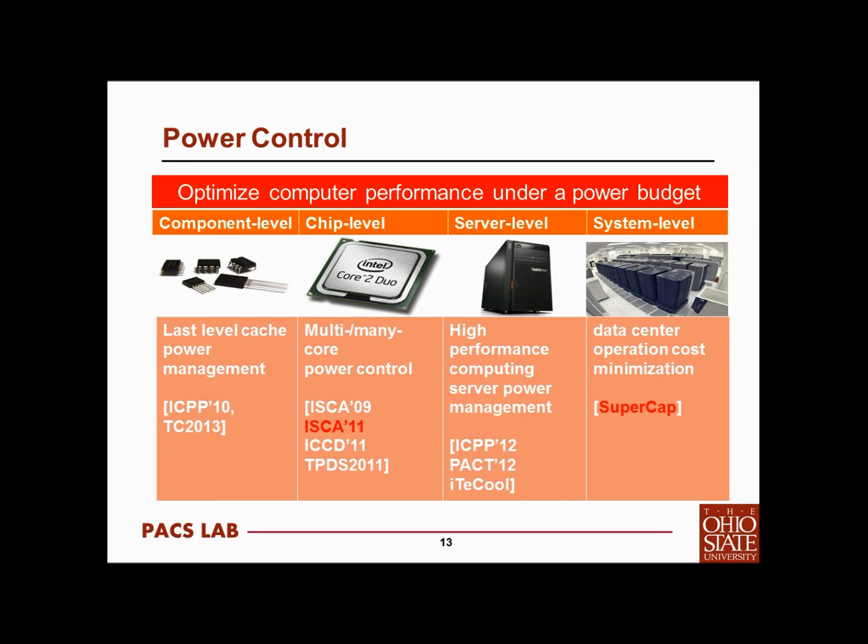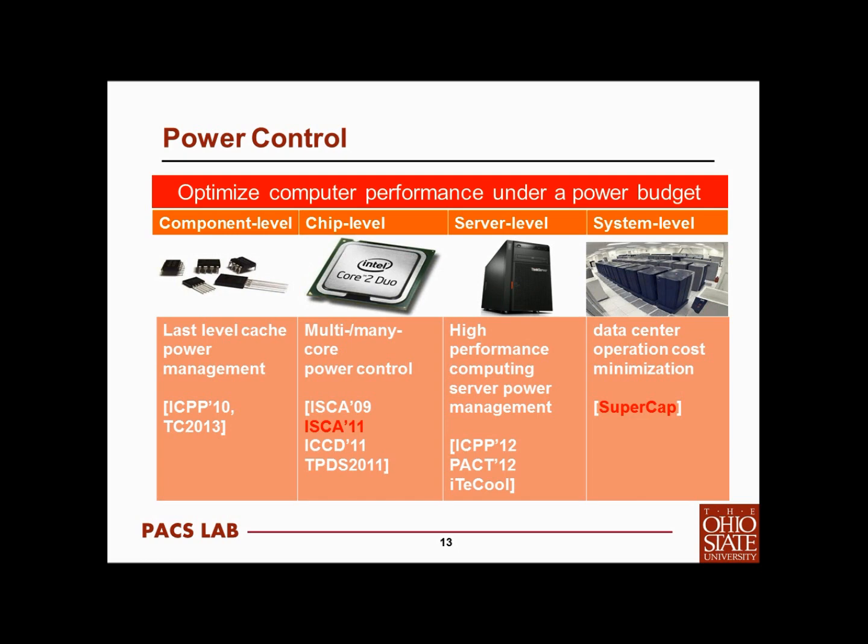On the server level, we look at high-performance computing servers. In some of those servers, we have a CPU and a GPU, two computational parts. We discuss how to coordinate those computational units in order to improve the energy efficiency of the entire system. We also discuss how to use power control as an effective knob to optimize the operation cost of a data center.